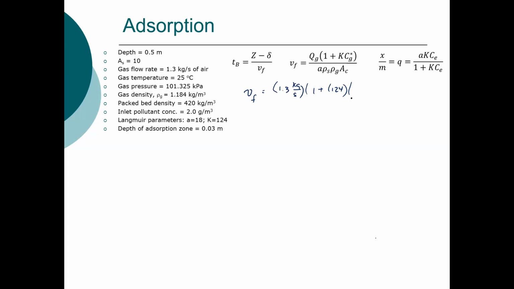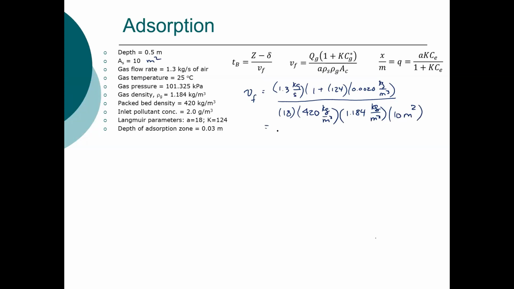It was given in grams, so we want this in kilograms, divided by A, which is 18, times the bulk density of the adsorbent, which is 420 kilograms per meter cubed, times the density of the gas, which is 1.184 kilograms per cubic meter, times the cross-sectional area, which is 10 meters squared.